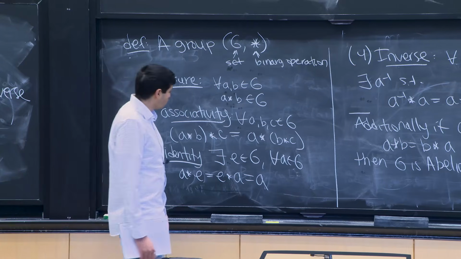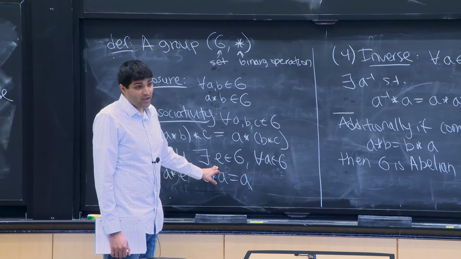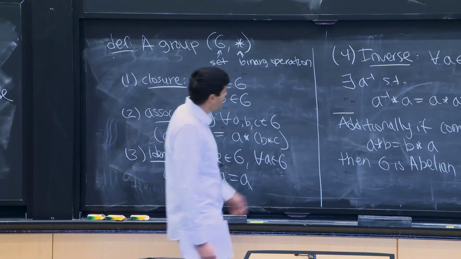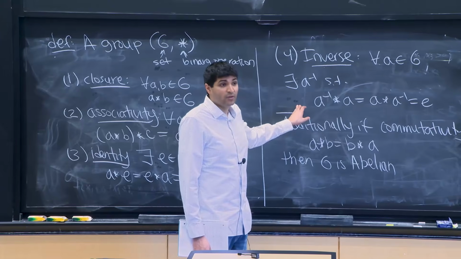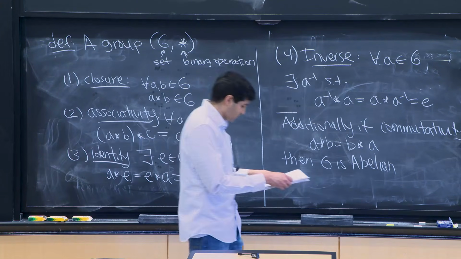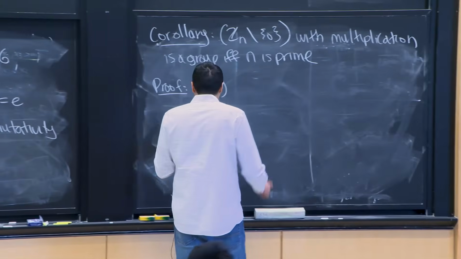The identity element is easy. That's also 1. I take any remainder, multiply it by 1, I still get the same remainder. The tricky thing is really the inverse, right? That's where this corollary becomes interesting. So the key thing to check is that there is an inverse.